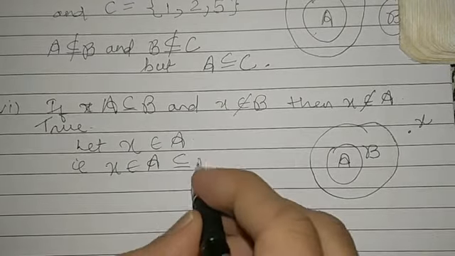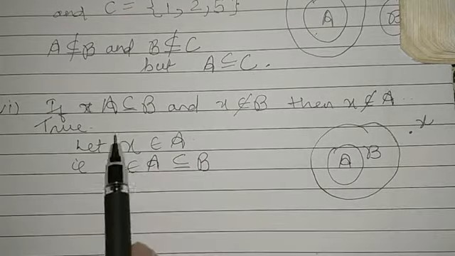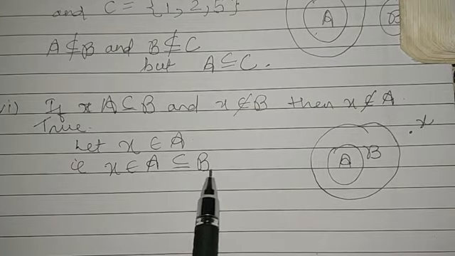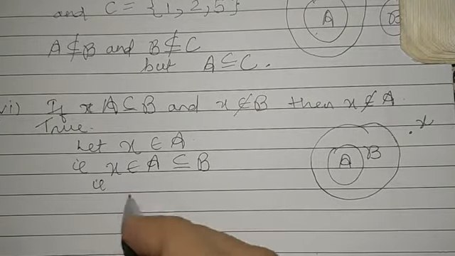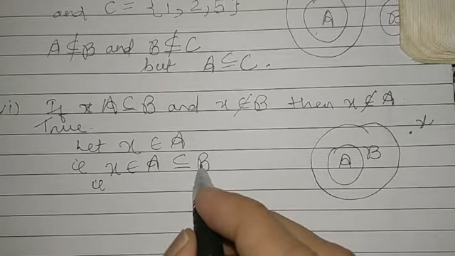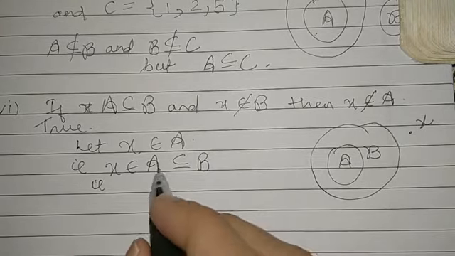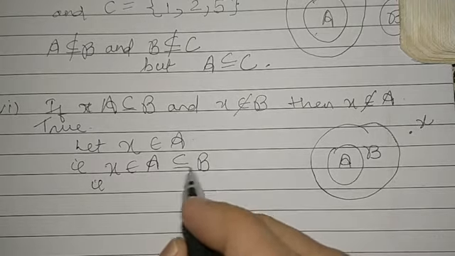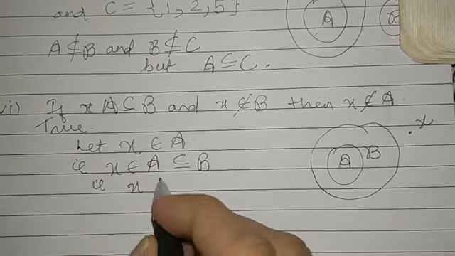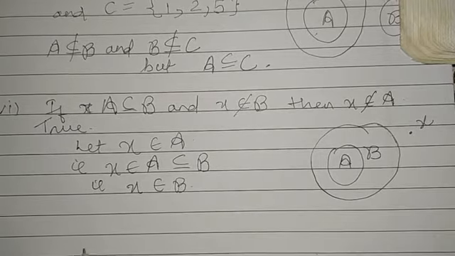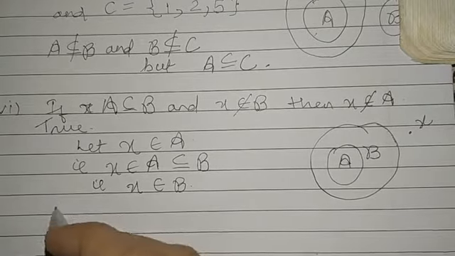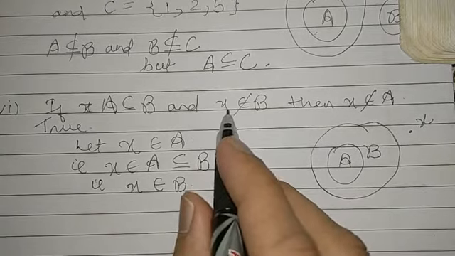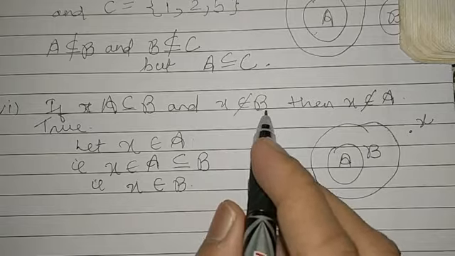It is given that A is a subset of B, so x belongs to A which is a subset of B. Since every element of A is an element of B, x will belong to B. Which is not true, because it is given that x doesn't belong to B.